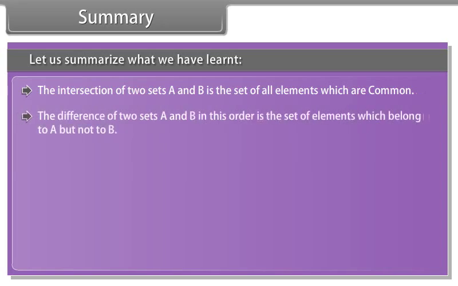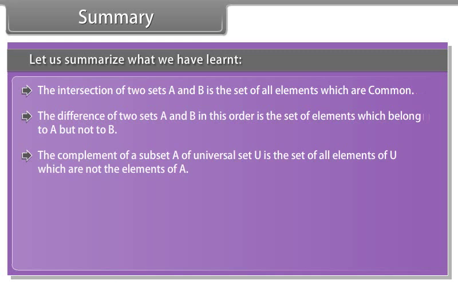The difference of two sets A and B, in this order, is the set of elements which belong to A but not to B. The complement of a subset A of universal set U is the set of all elements of U which are not the elements of A. For any two sets A and B, complement of (A union B) is equal to complement of A intersection complement of B, and complement of (A intersection B) is equal to complement of A union complement of B.